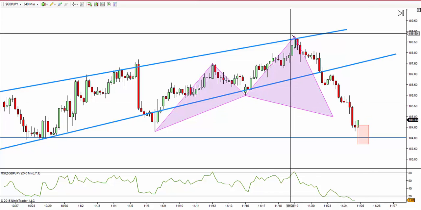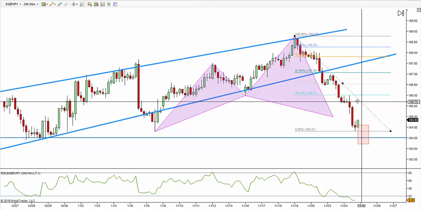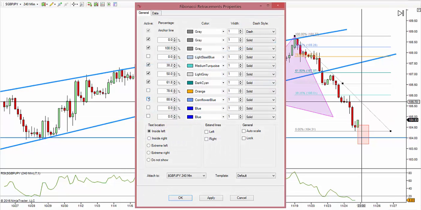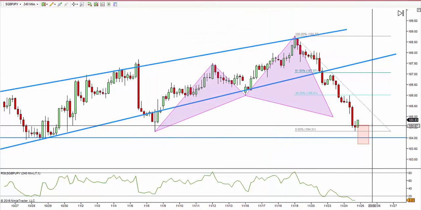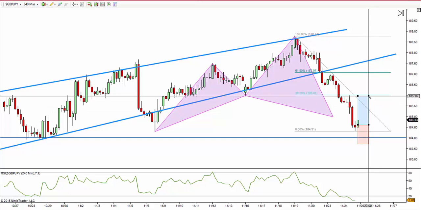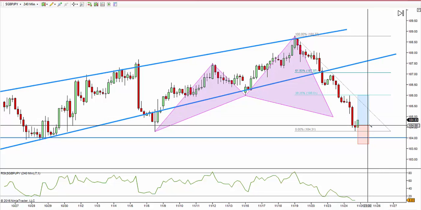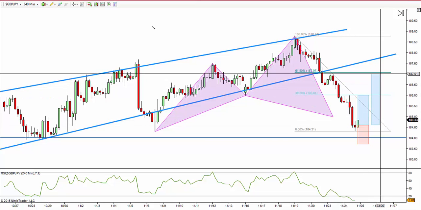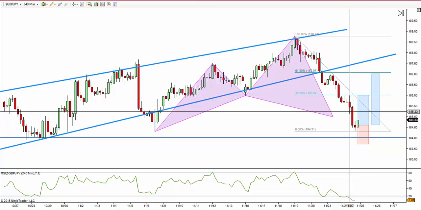Now targets is a Fibonacci retracement, and my target ones are the 38.2 and target twos at the 61.8. So I've got those here. Right, so what's my risk to reward? Can I make this work? There we go, target 1. And I've got target 2s up there. So clearly in my favour for the risk to reward.